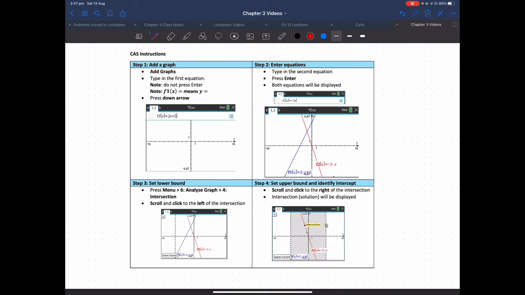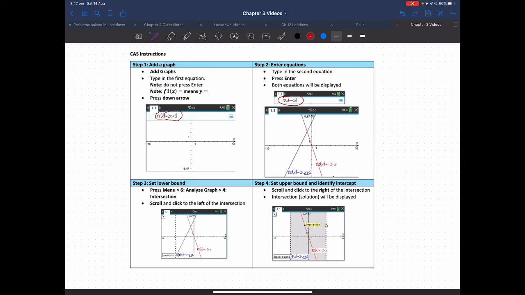Here is a summary of what I've just shown you on the calculator. On a graphing screen, type in the equation of your first line. Press enter and type in the equation of your second line. The two graphs are drawn.